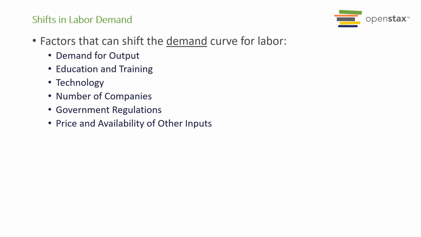And lastly is the price and availability of other inputs. Let's say for my chicken fried rice business, if my chicken and my rice are very cheap, I want to produce more chicken fried rice. But to produce more chicken fried rice, I need to hire more people, right? So as the chicken and rice become cheaper, the demand for employees goes higher, and that's called the price and availability of other inputs. Okay, so those factors will impact your demand for labor.